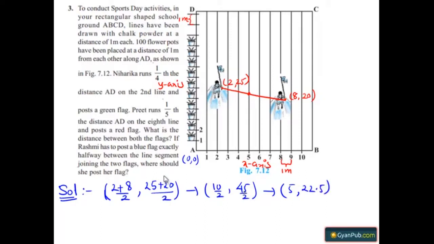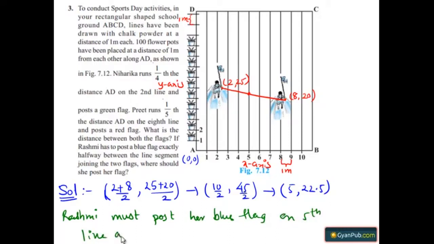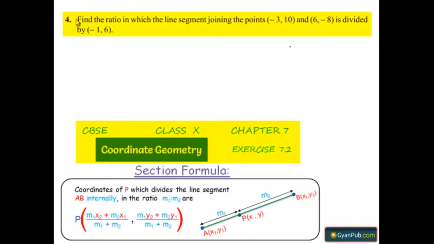Hence, from this we can say that Rashmi must post her blue flag on 5th line at a distance of 22.5 meters from AB. Let us read the fourth question.